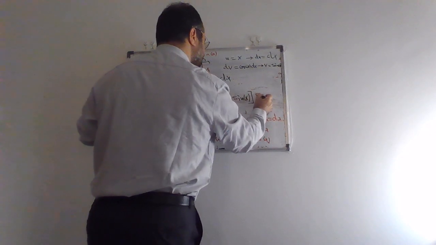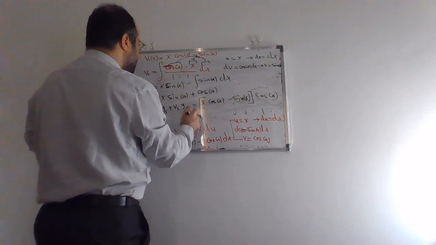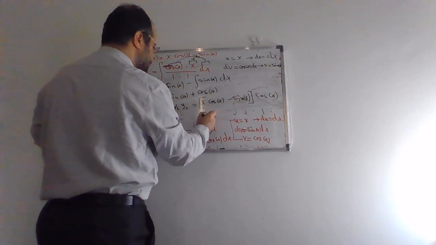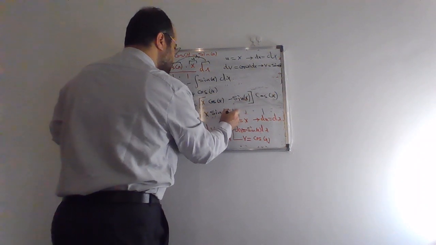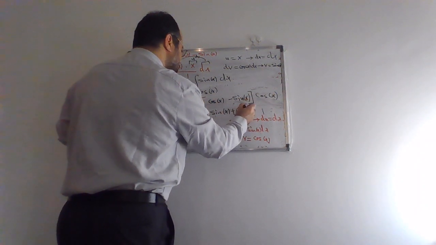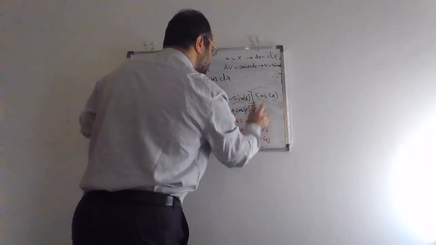Cosine x. And then you add to that v2, which is x sine x, yeah, and plus cosine x, and you multiply this with sine x, right?